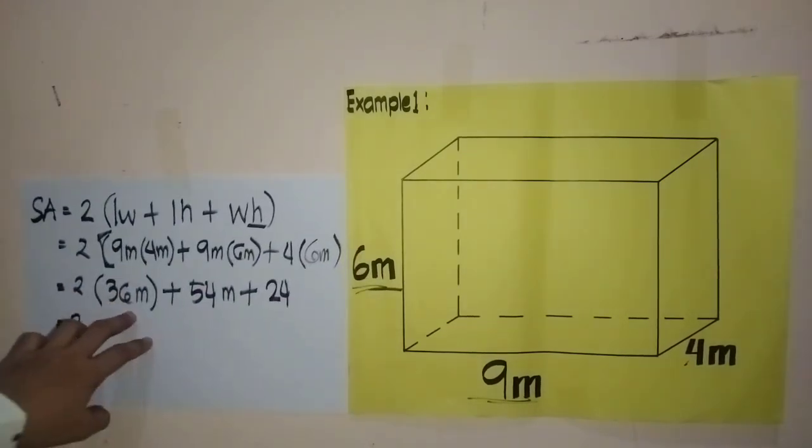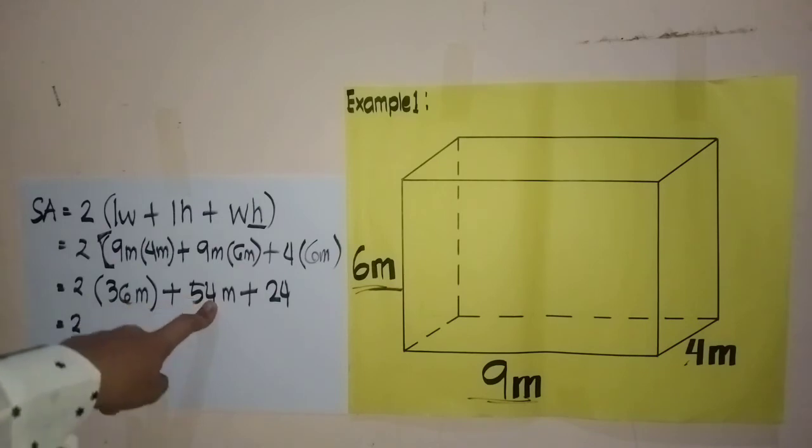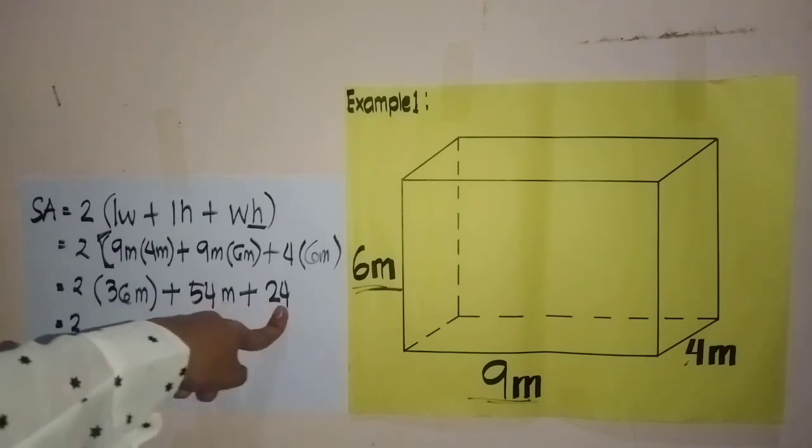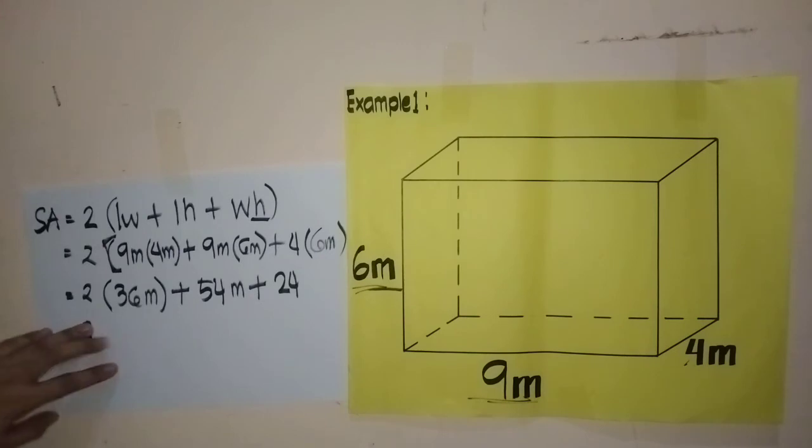So 36 plus 54 is equal to 90, plus 24 is equal to 114.